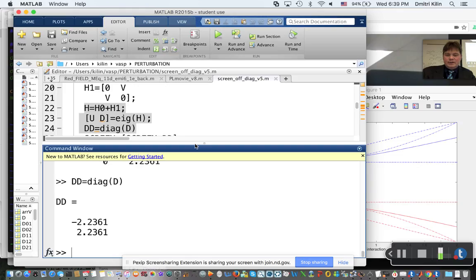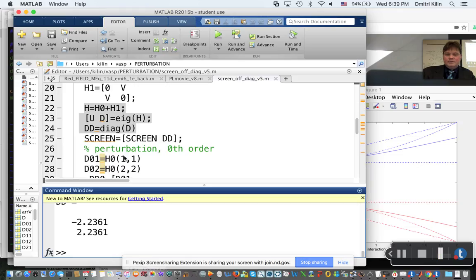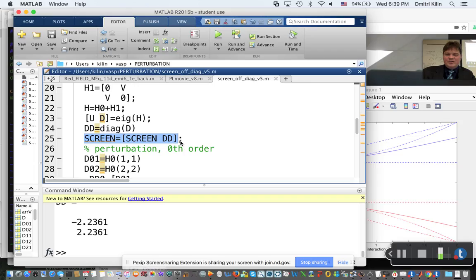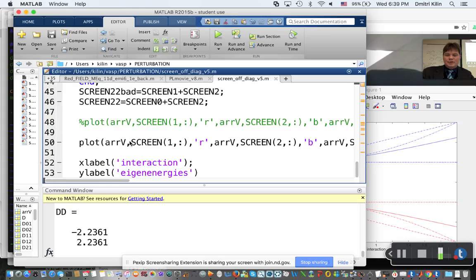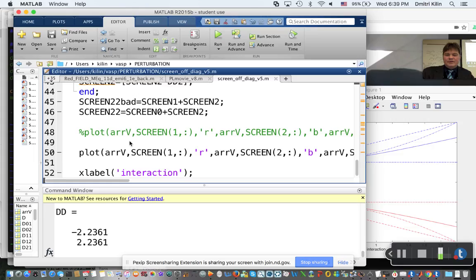Then, well, the screen is not the best name for the variable, but it is for screening different values of the perturbation. At each step of the cycle, we accumulate the values of the eigenenergies into this array. Then, after we are done, we plot the first and second components of the screen with a continuous line.